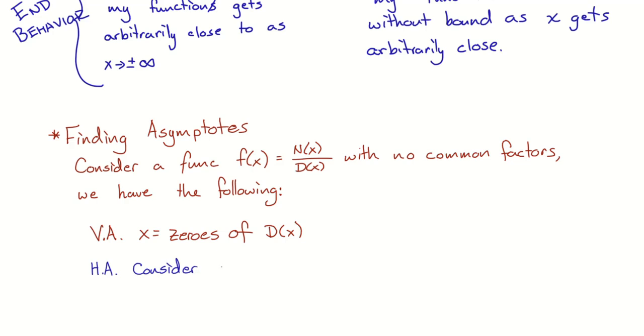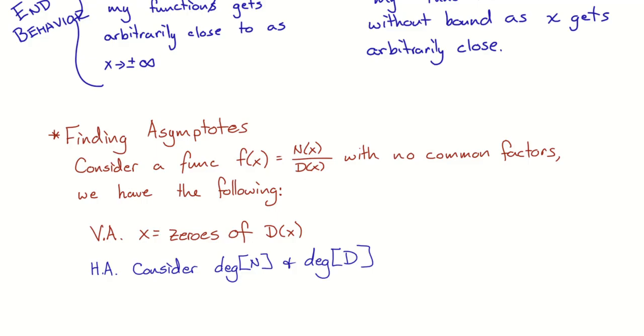What I mean by that is we're going to consider the degree, DEG, of n, which I'm being kind of informal to save time. What is n? Numerator. And the degree, DEG, of the denominator, d. Okay. Now, we're going to see a few of these, and we can get some intuition for it, rather than just blindly giving you the rule.